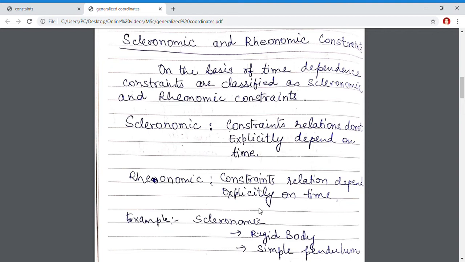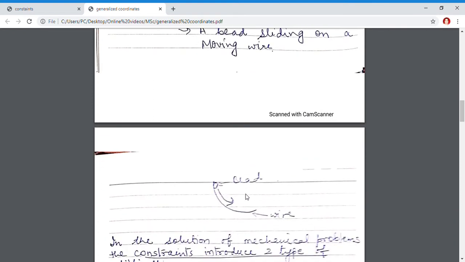Now, I am going to state the example of rheonomic constraint. For this, I am taking this wire. This wire is moving, rotating in a prescribed fashion. I am taking a bead on this wire. That means I am sliding this bead on the moving wire.